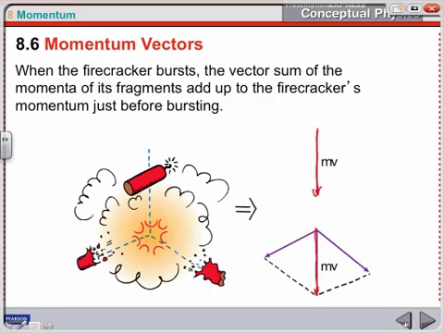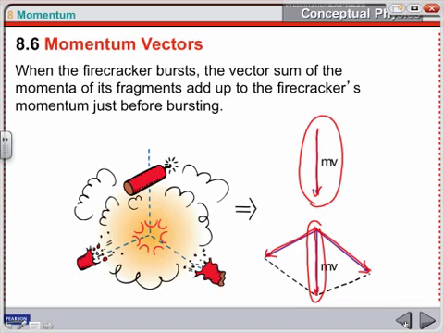The momentum of that, because it was all part of the system before, there was no additional force added to it, nothing additional added to the firecracker. Then even though this part's going out that way and that part's going out that way, if you add those vectors together, you end up with the same thing that you had up here. Because momentum has to be conserved.